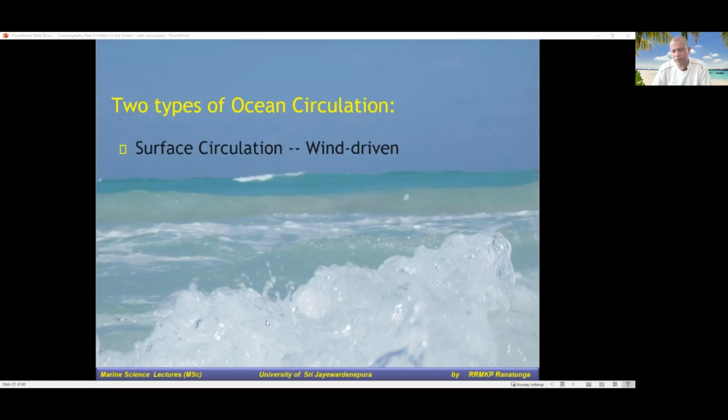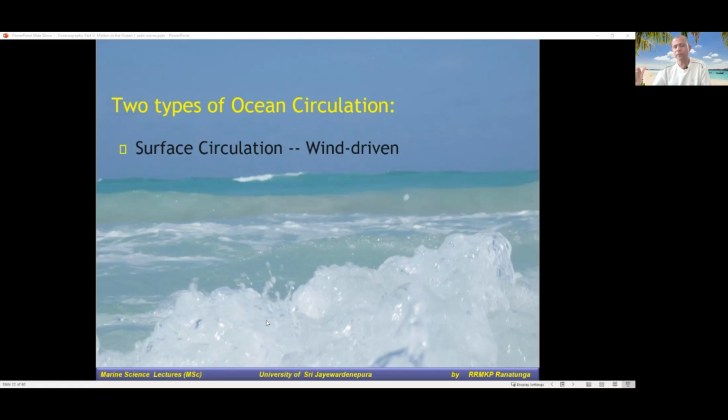When we are talking about ocean circulation, we are talking about two major phenomena. We call one the surface circulation, which is happening in the surface layer. Surface means not just the top of the ocean, but a few meters or a few hundred meters of the ocean that will be in motion because of the wind effect.